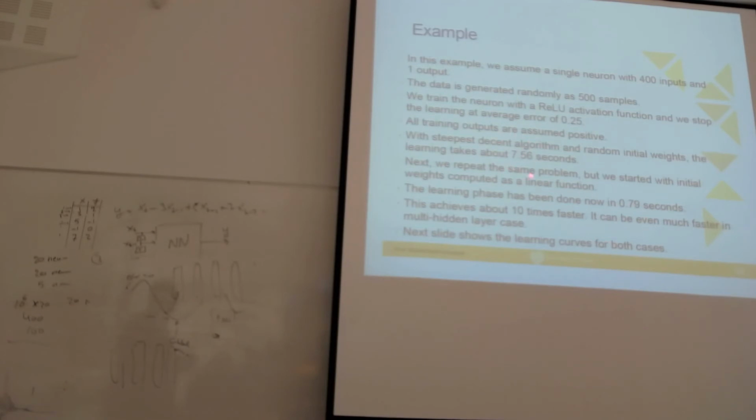In the beginning, it takes 7.56 seconds to learn the network, and in the second one, it takes only 0.79 seconds. So you can see that in this simple example, we had 10 times faster learning by initializing the network with weights based on a linear function. And we knew from linear regression how to compute the optimum weights in that case.